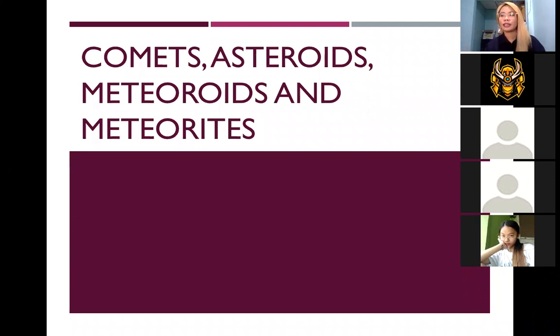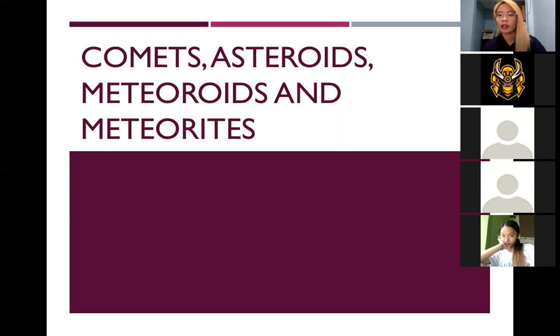Yung mga hindi masyadong major parts of the solar system, but they are still a part of our solar system. Hindi sila masyadong nabibigyan ng pansin kasi most of us focus on the sun and on the different planets. So for this last topic, our discussion will be all about comets.